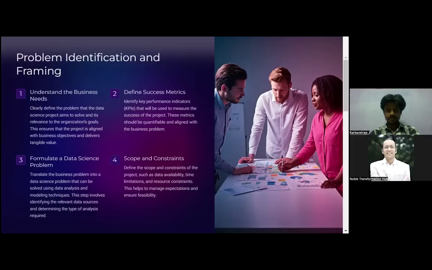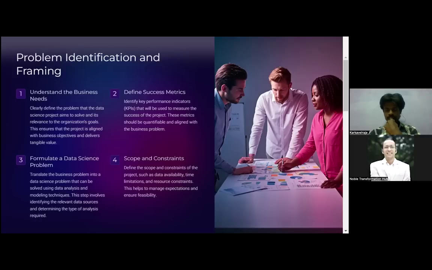First, you have to translate the business problem into a data science problem, which can be solved using data science analysis and modeling techniques. The step involves identifying relevant data sources and determining the type of analysis required. That is very important, guys. You have to formulate that.